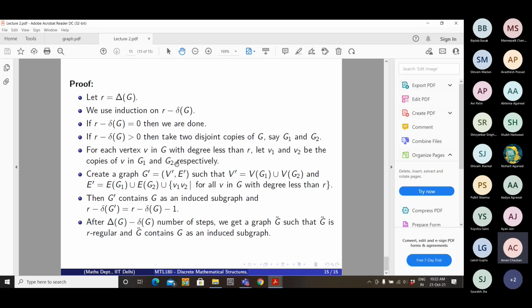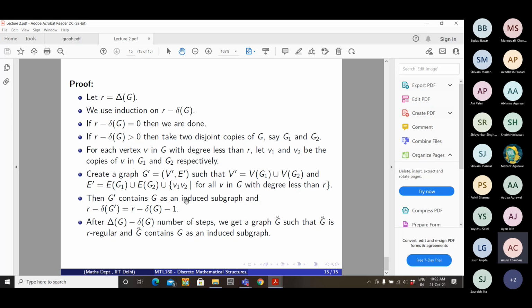And for all such vertices v1 and v2, we simply add the edge v1v2. That means we create a new graph G' where the vertex set is V(G1) union V(G2), and the edge set is E(G1), E(G2), with extra edges v1v2, where v1 and v2 are copies of the same vertex v, where v has degree strictly less than Δ.